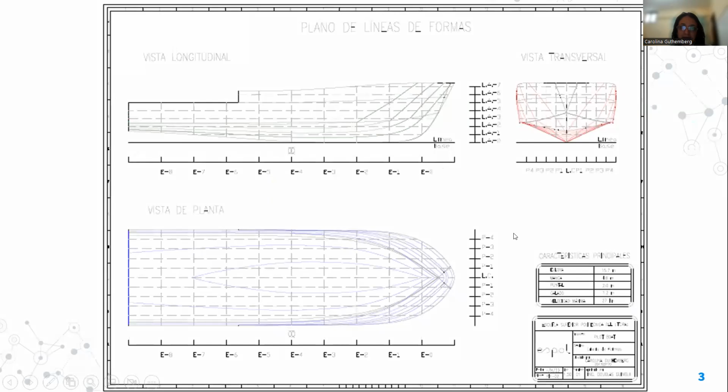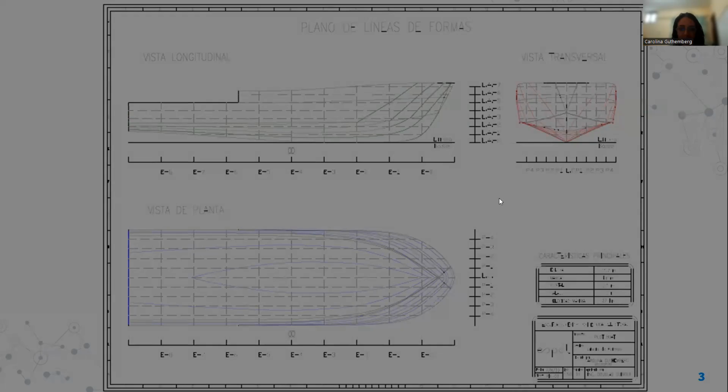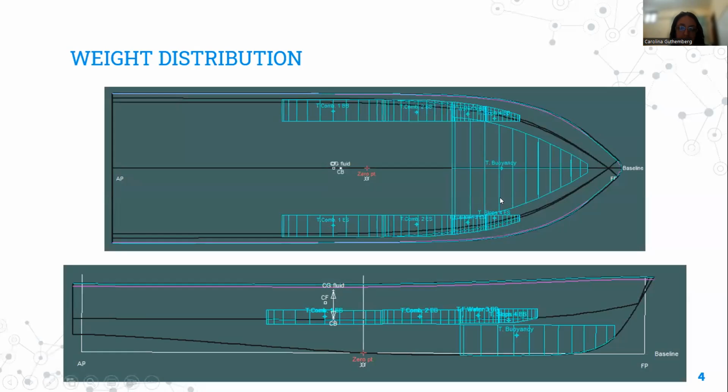This is the plan form of the pilot boat. From the general distribution of the boat, there are different types of tanks corresponding to fuel, fresh water, slops, and ballast.